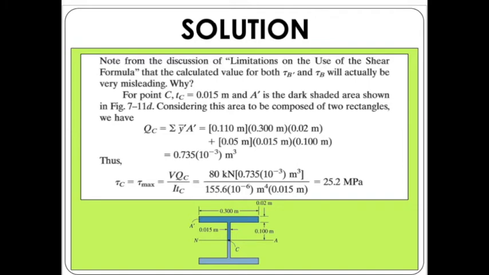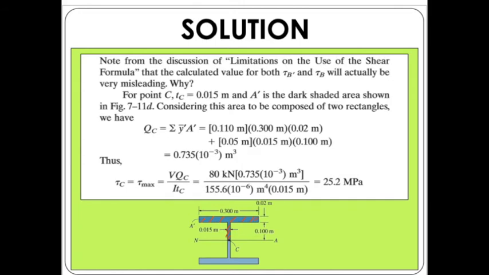The shaded, darker area in the beam is the area that we are going to consider in the calculation. Therefore, the Q C value will be 0.735 times 10 to the power of negative 3.